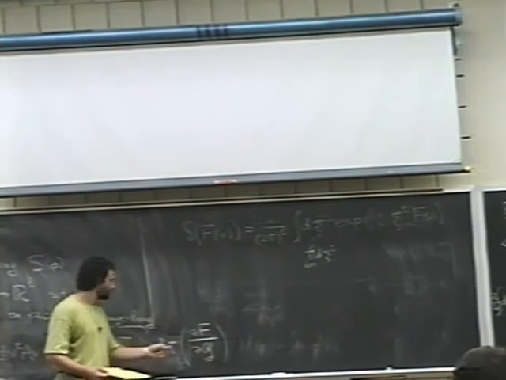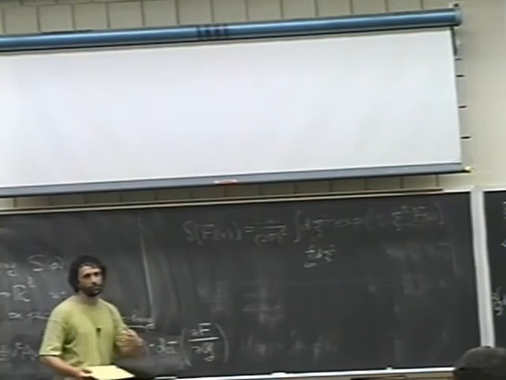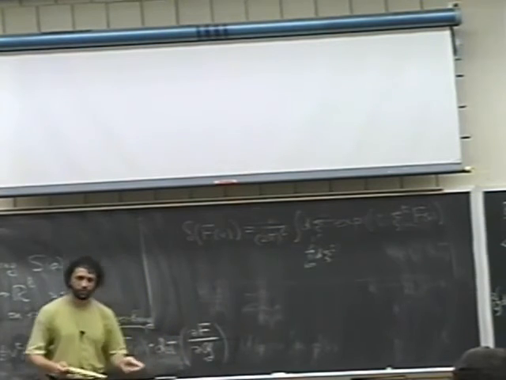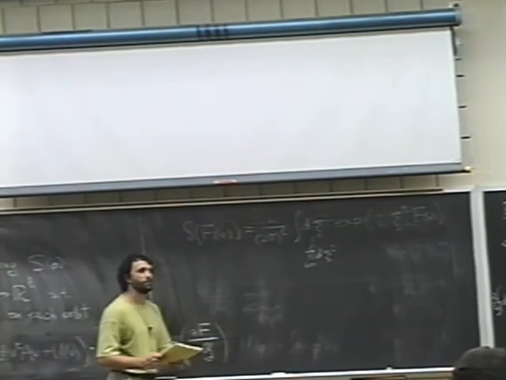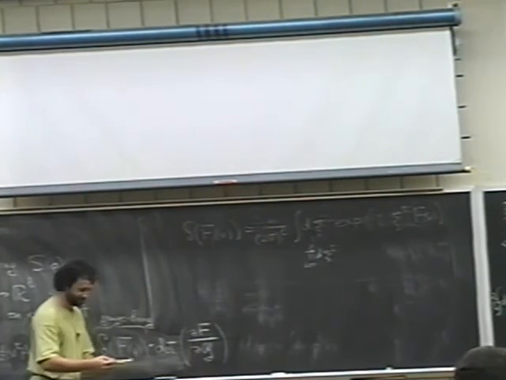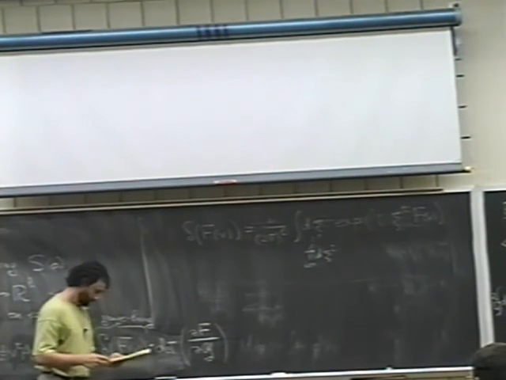So here the way to deal with this is to introduce some new variables which are anti-commuting variables, called Grassmann numbers.